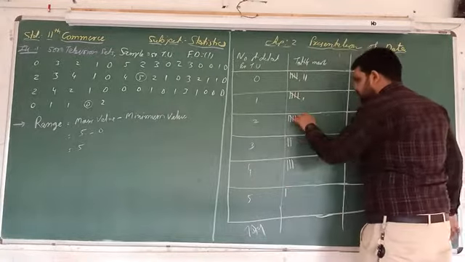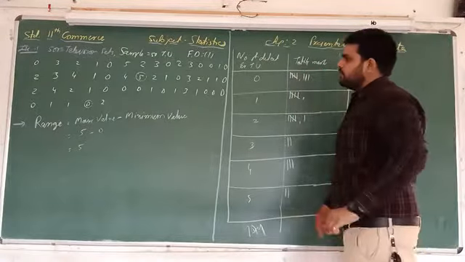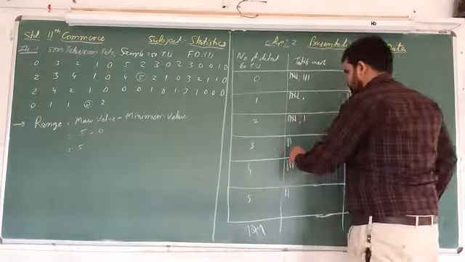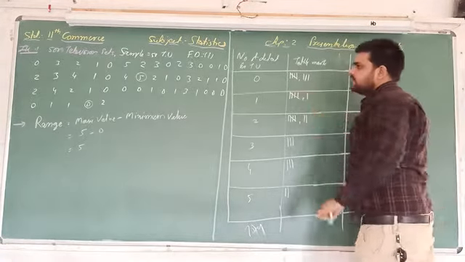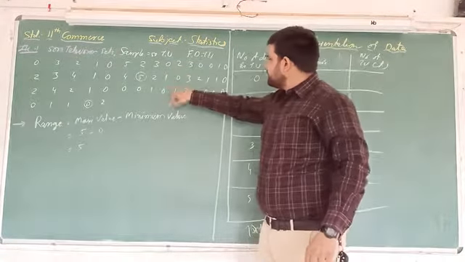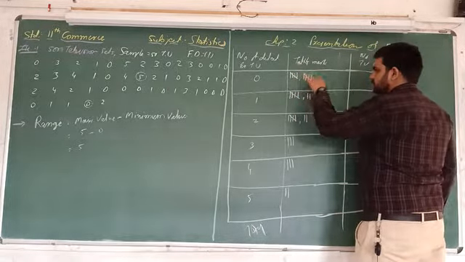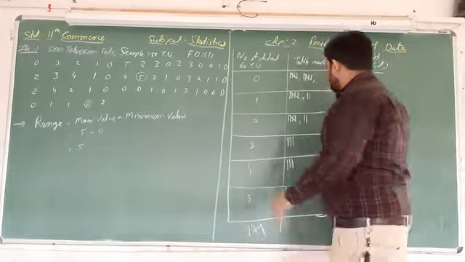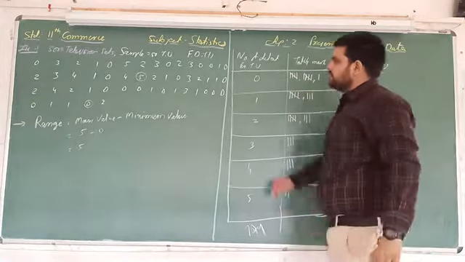Then 3, 2, 1. Then 0, 1, 0. Then 2, 0, 1.